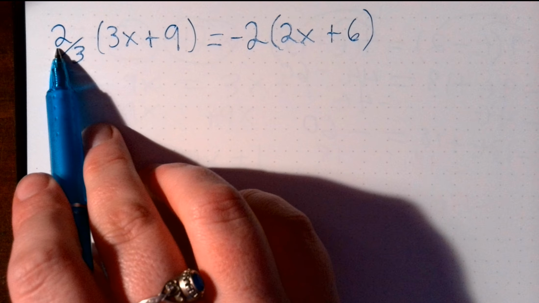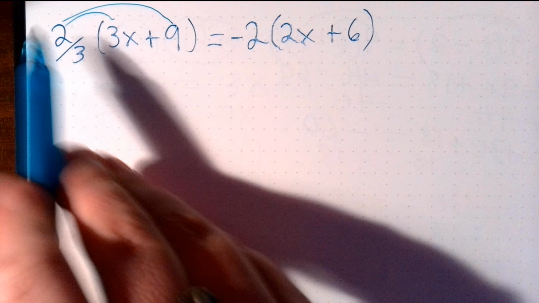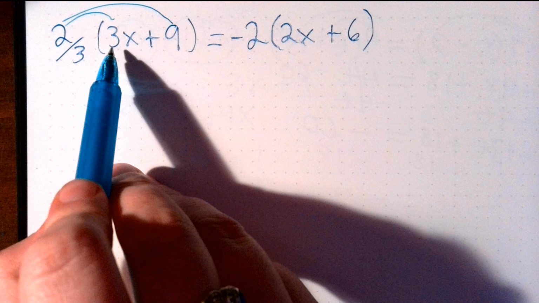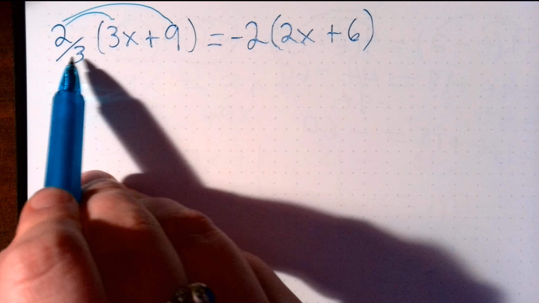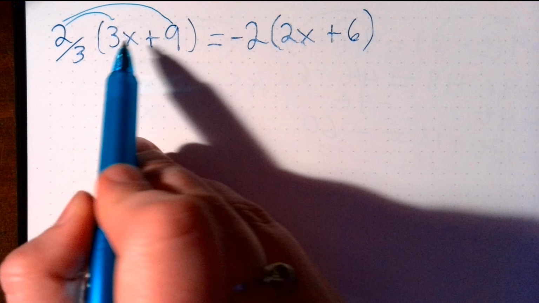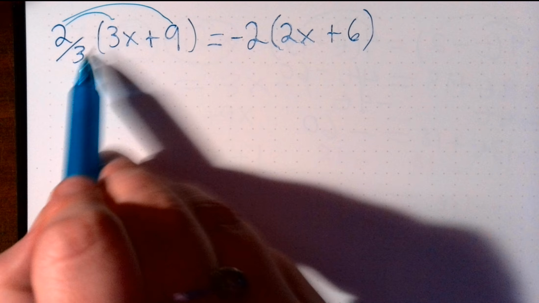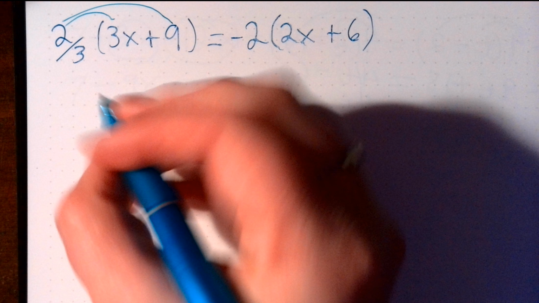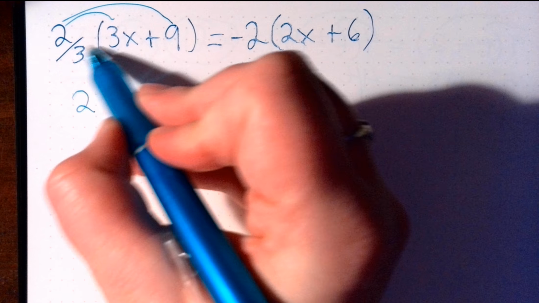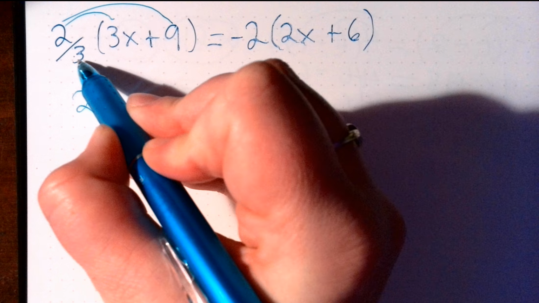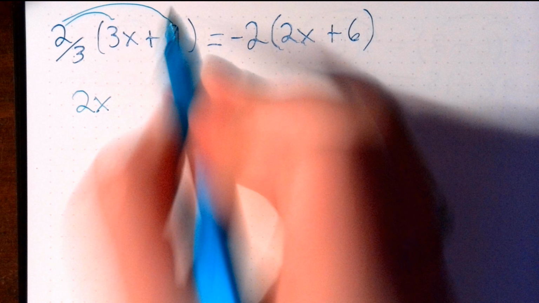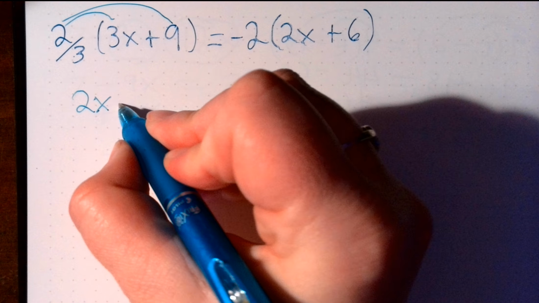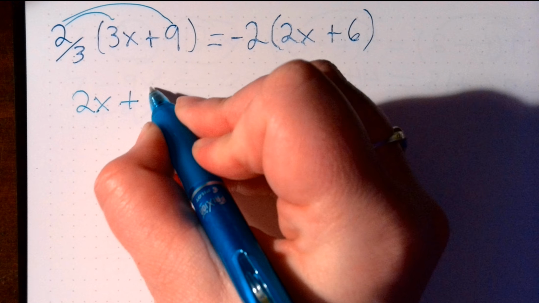Remember when I'm multiplying a fraction, take the top number times whatever I'm multiplying it to, and then divide by the bottom number. So 2 times 3 is 6. 6 divided by 3 is 2. Whenever you are multiplying by the denominator, you should always end up with the numerator. So 2 times 9 is 18. Divided by 3 is 6.